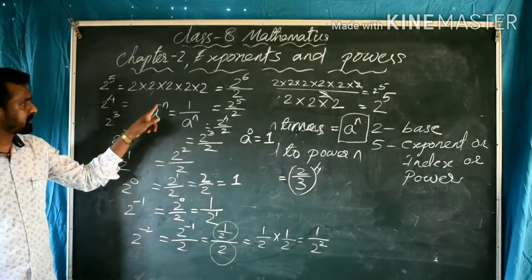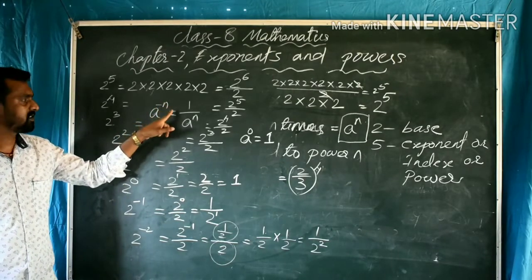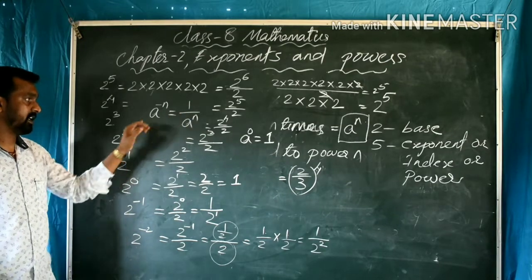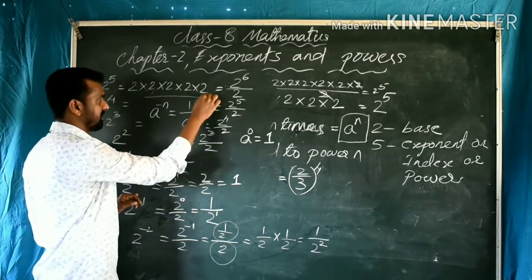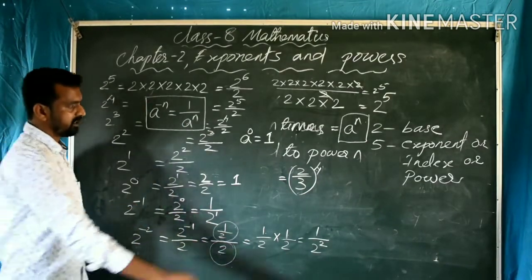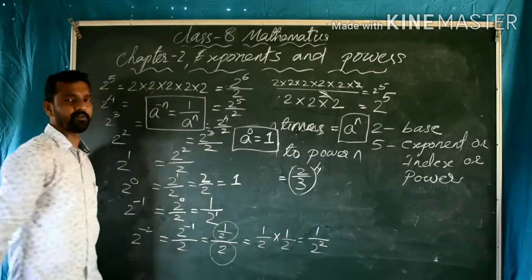If the exponent is a negative integer, then the answer is the reciprocal with the positive integer. a raised to minus n is equal to 1 by a raised to n, and a raised to 0 is equal to 1. So remember these two formulas.